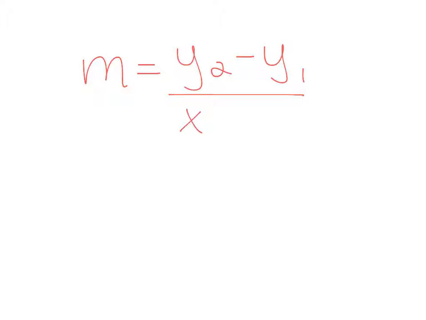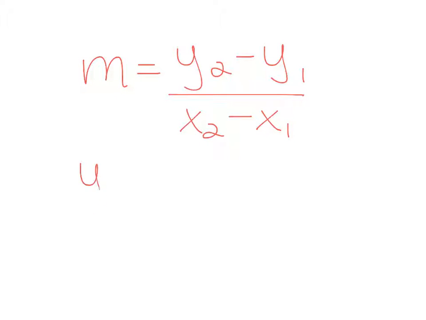So the study guide is a perfect way to use this to study. The formulas you need to know for tomorrow are the slope formula. Again, y2 minus y1 over x2 minus x1.